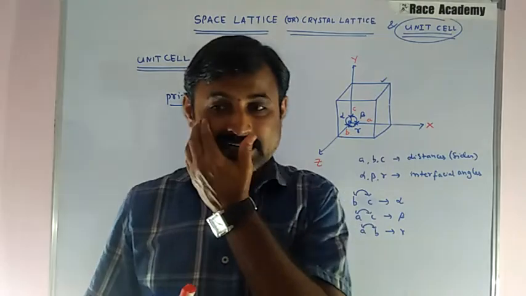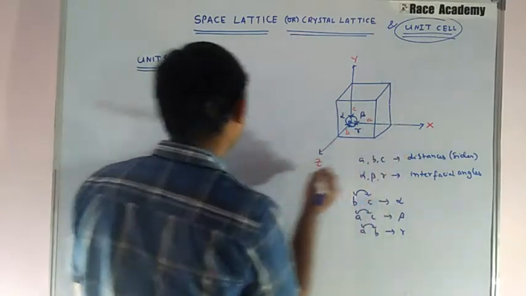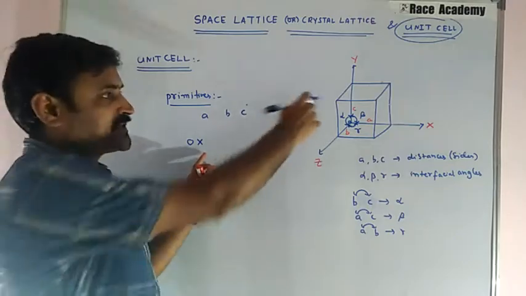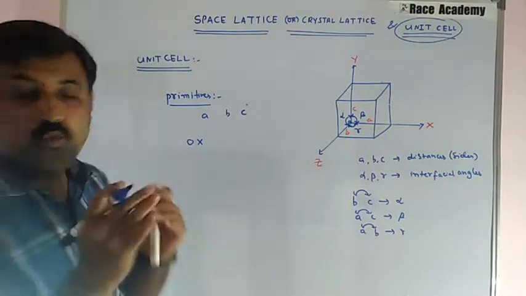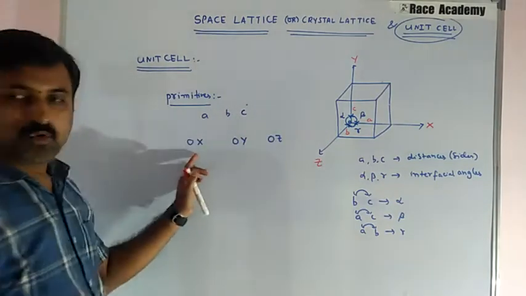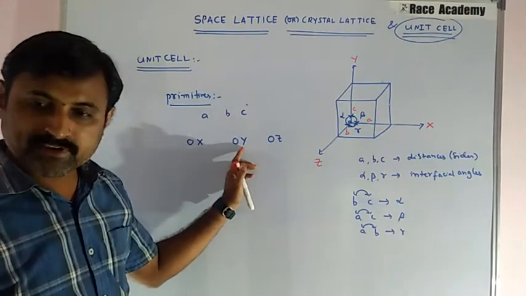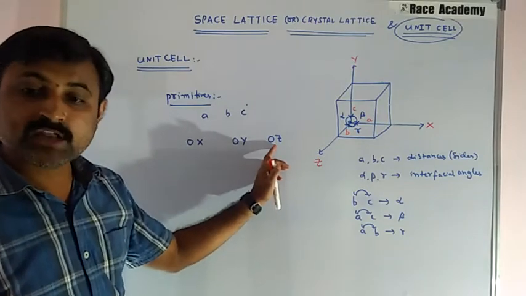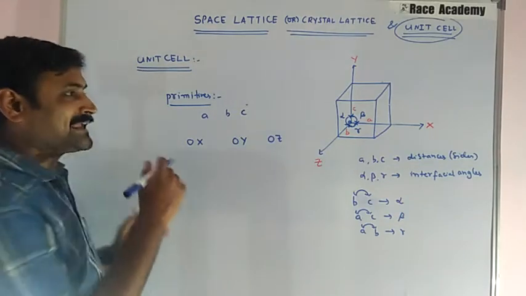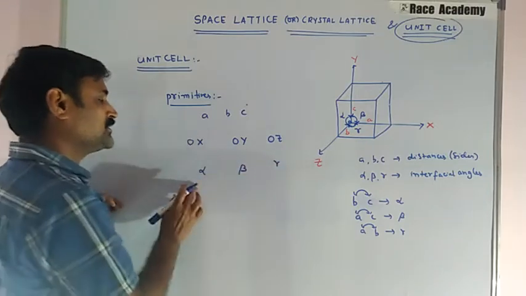And what are crystallographic axes? Now you can see OX, that is one from this picture. The other one is OY, and OZ. You take OX crystallographic axis, OY crystallographic axis, OZ crystallographic axis. If you take angles alpha, beta, gamma, these are the angles.